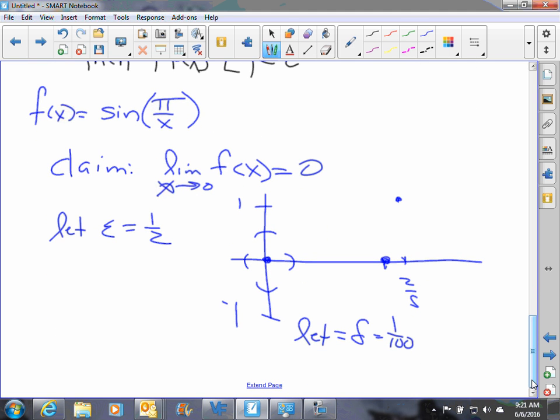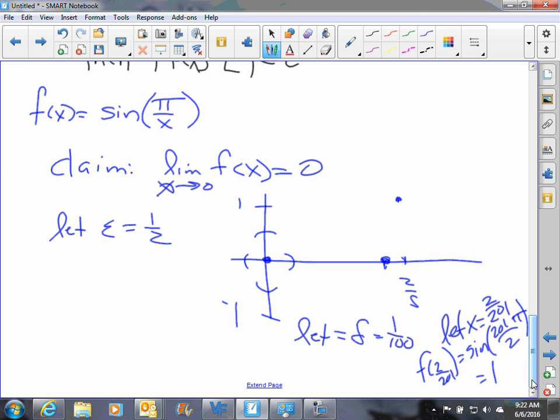So what about letting x equal 2/201? Now f of 2/201 would be equal to the sine of 201 pi over 2, which is 1. And so even with that delta interval of 1/100th, I can't get all of the functional values to be within 1/2 a unit of 0.